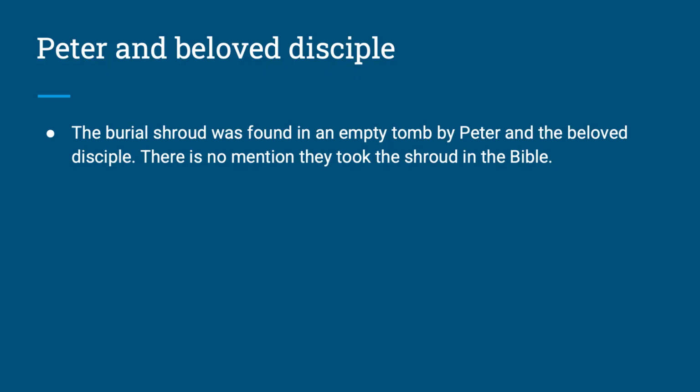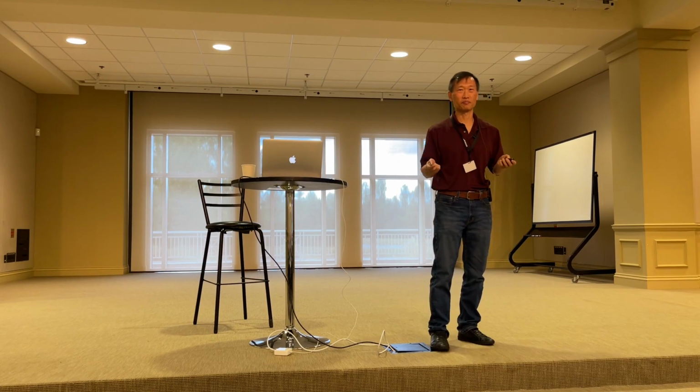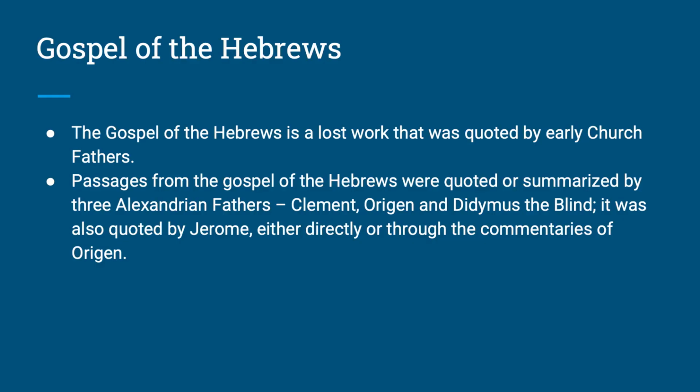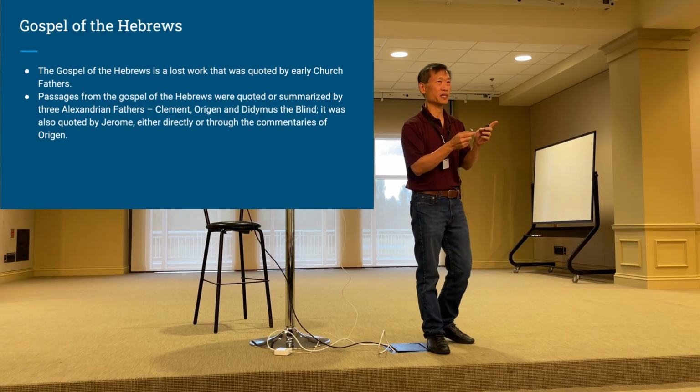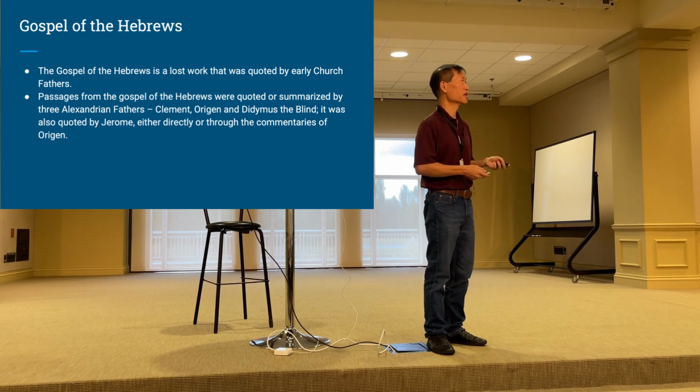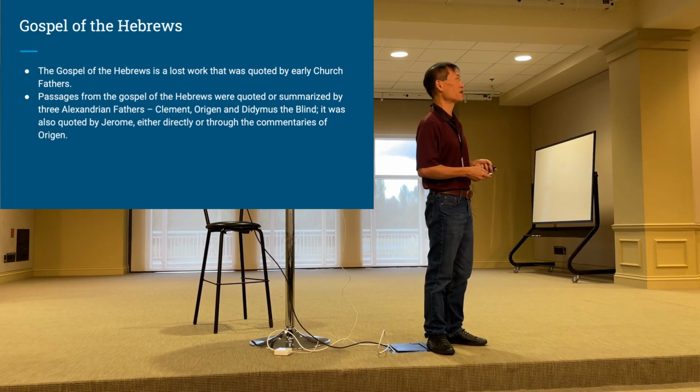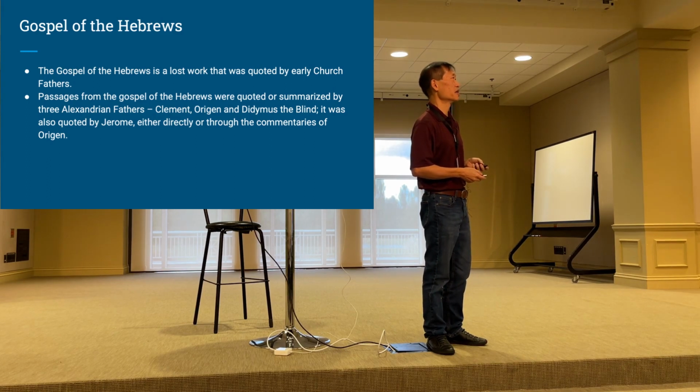So when the beloved disciple went into the tomb, the Bible doesn't make any mention of the disciples taking the shroud. However, in the Gospel of the Hebrews, which is a lost work, so we don't have any textual evidence of it except for secondhand accounts, it has been quoted by some of the Alexandrian fathers, Clement, Origen, Didymus, and Jerome.